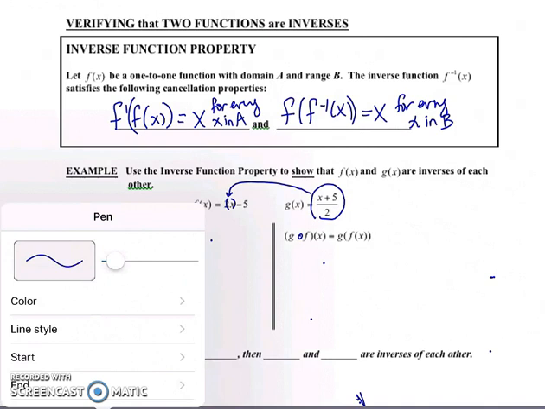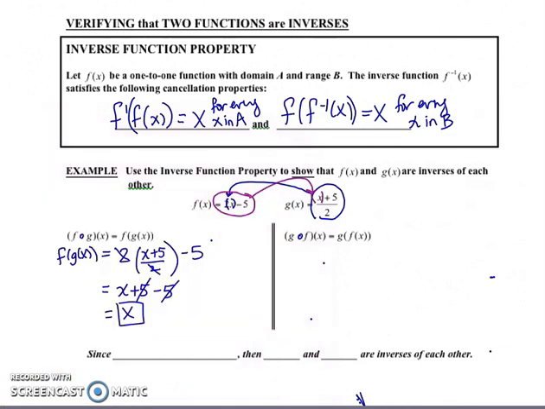Now let's take a look at the composition the other way. So now we're going to take f of x and plug it in for x in g of x. So g of f of x is going to look like, on the top of my fraction bar, I'm going to replace that x with 2x minus 5, plus 5, all over 2. Well, according to PEMDAS, in the top of my fraction, that negative 5 and that positive 5 are going to cancel out first.